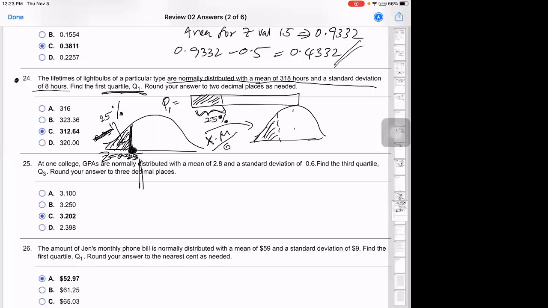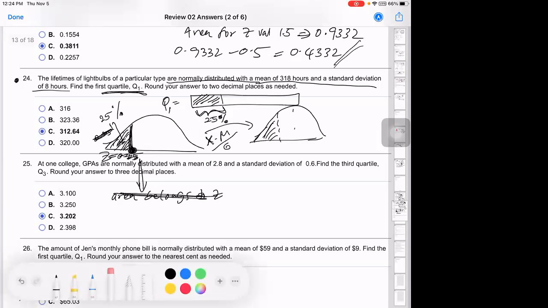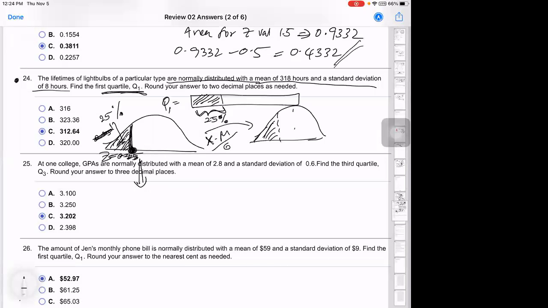Sorry, not area. We have the area, so we have to find the Z value that belongs to area 0.25.